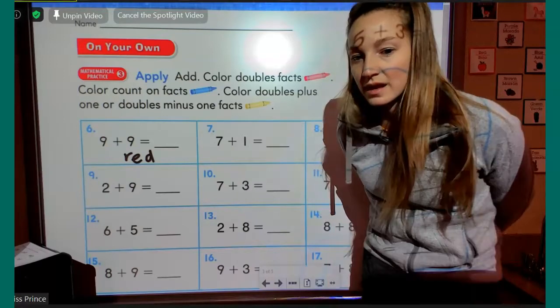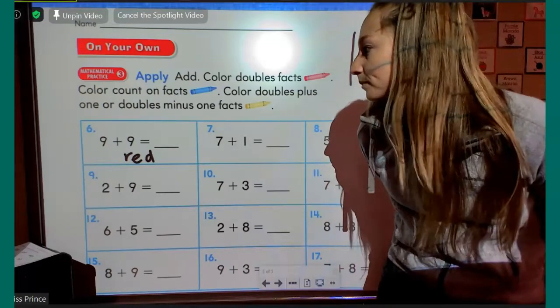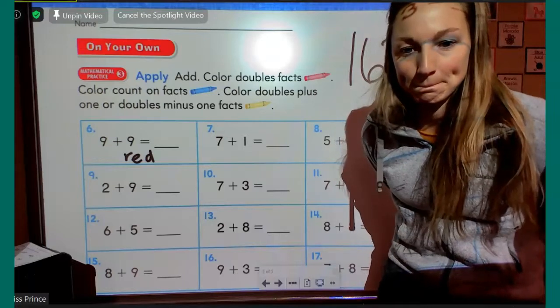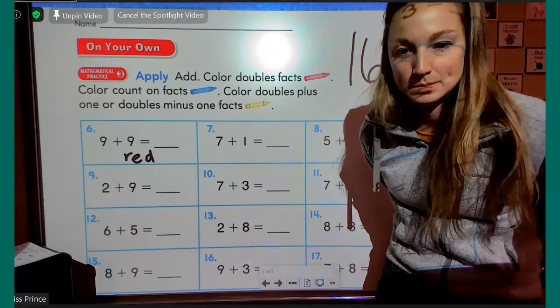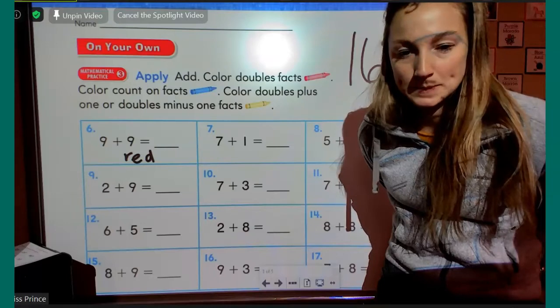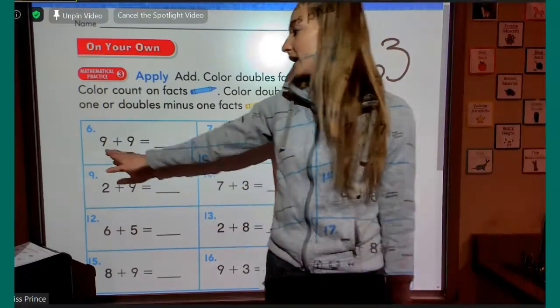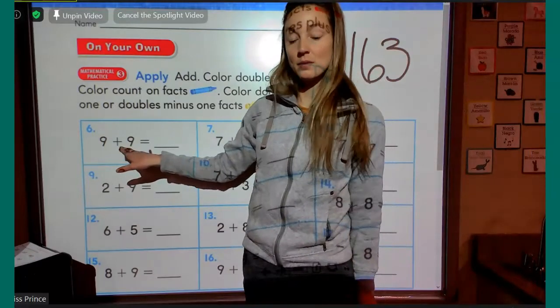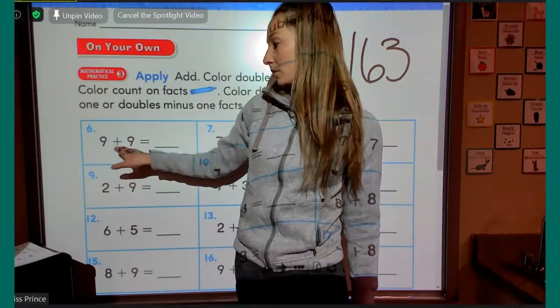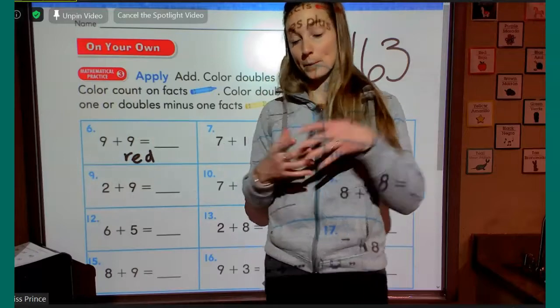Whenever you're ready, Keela, 9 plus 9. 10. So 9 and 9. 9 plus 1 is 10, but we have 9 plus 9. It's going to be a pretty big number.